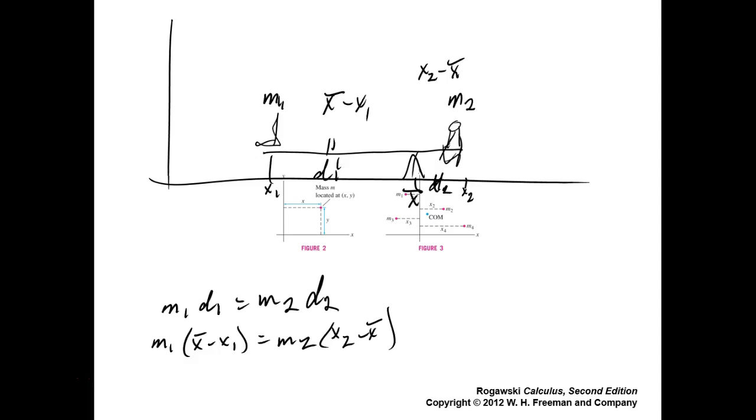Now, if you want to solve for X bar, you have to multiply through: M1 X bar minus M1 X1 is equal to M2 X2 minus M2 X bar. If you're wanting to solve for X bar, get your X bars on the same side. So what I would do is add M2 X bar to both sides.